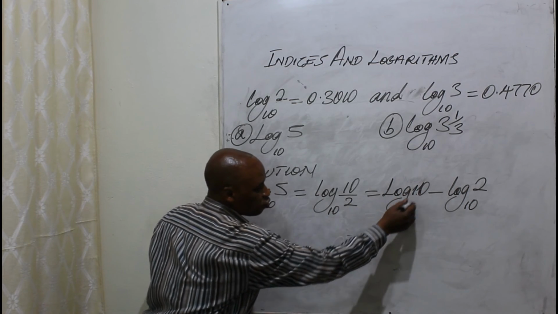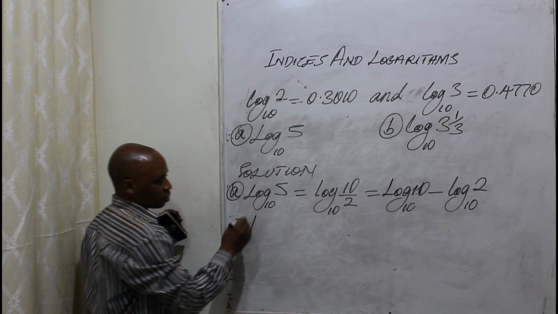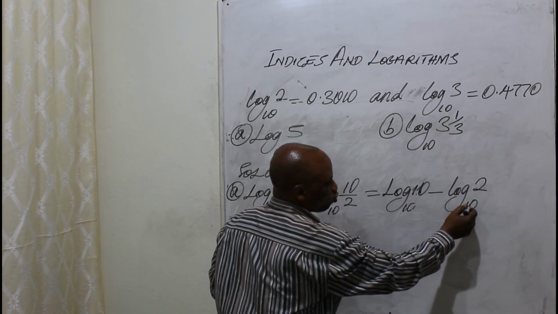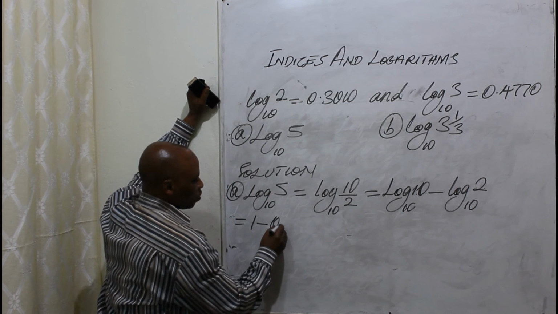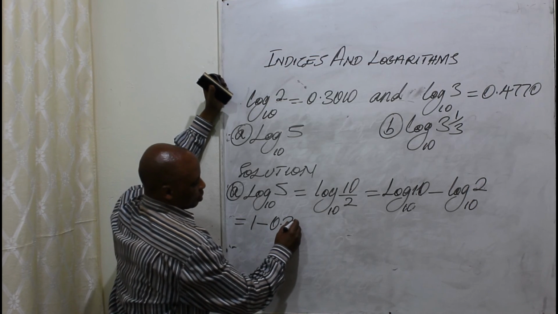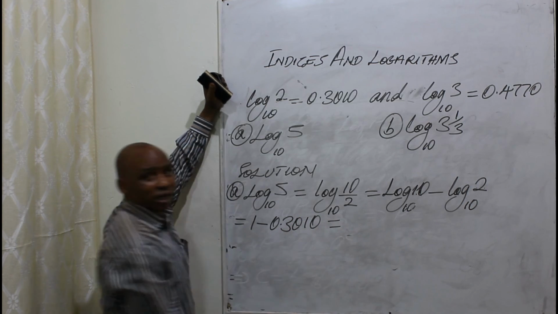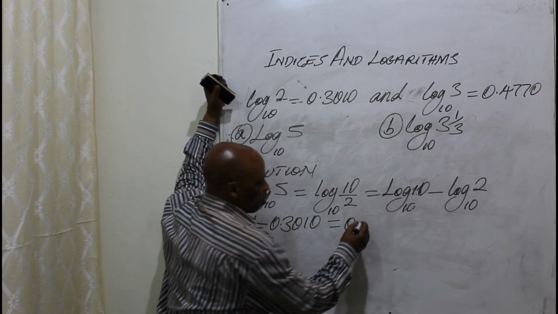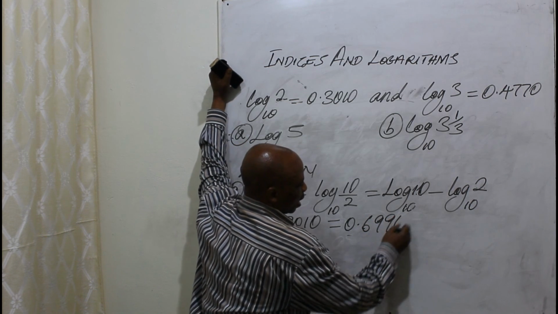Hence, the log of 10 to base 10 is also 1. So it will be 1 minus, and the log of 2 to base 10 is given here. So we substitute in the value as such. Then it will be 1 minus 0.3010, which will end up getting 0.6990.